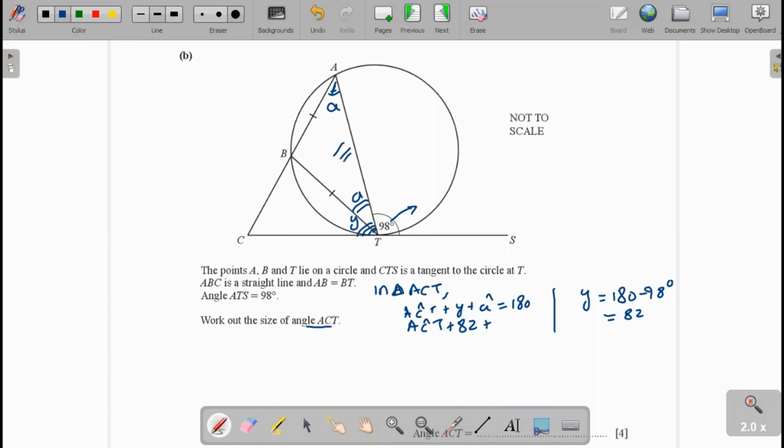This segment is alternate. Angle PBA will be equal to 98 degrees, because the angles in alternate segments are the same.